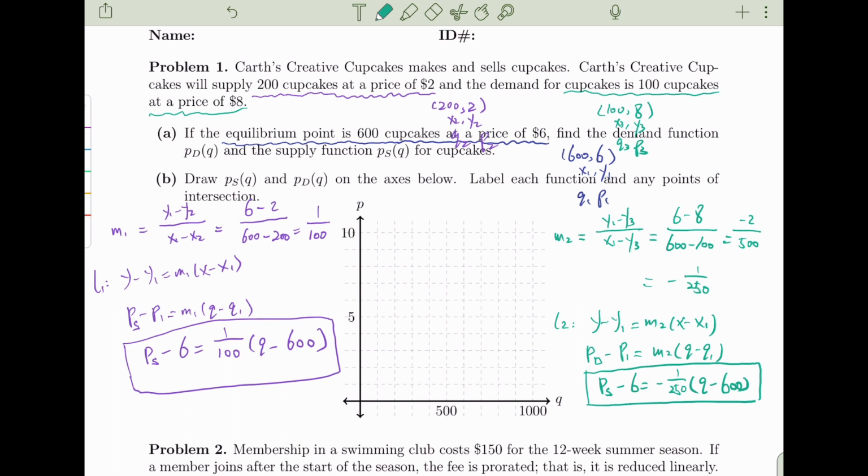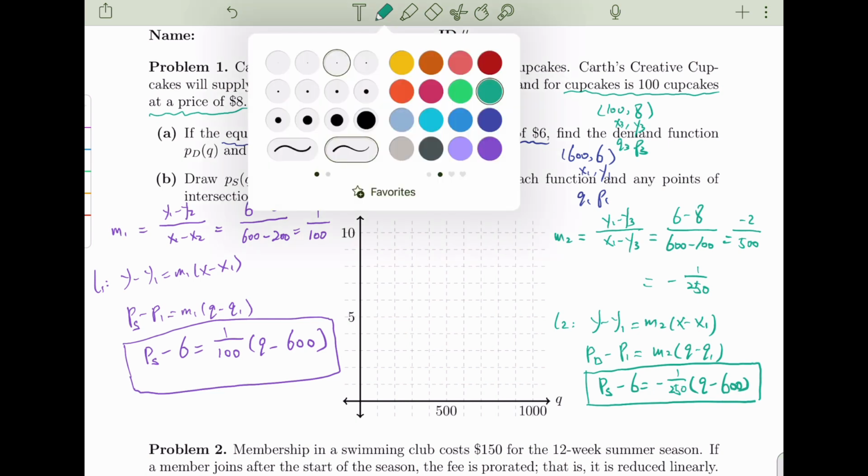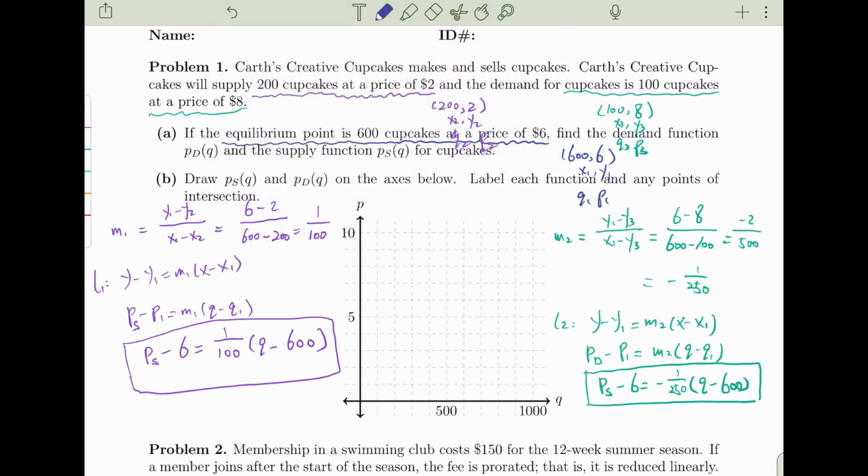And now let's take a look at question B. Draw these 2 lines on the axis below. Label each function and any points of intersection. Okay, so since we have just said that the equilibrium is gonna be on both lines, I'm gonna locate this point first, 6, 600, which is here, right?